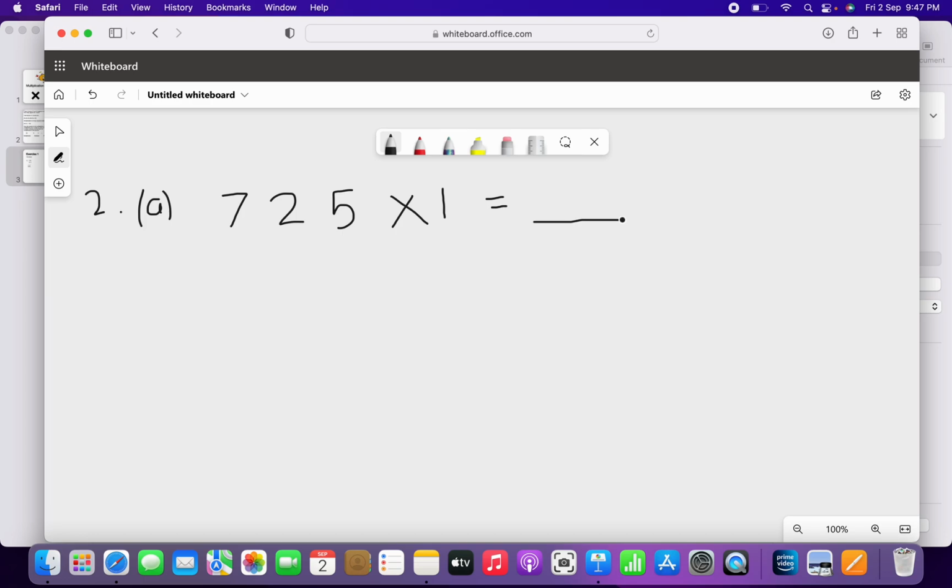Oh my god, this is the toughest sum I have ever seen. So boys, anything multiplied by 1 is the same number. 725 multiplied by 1 would still be 725.